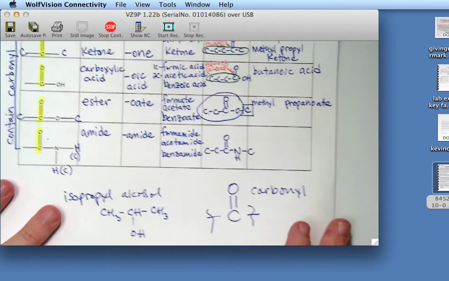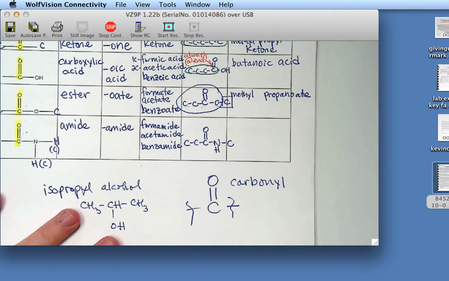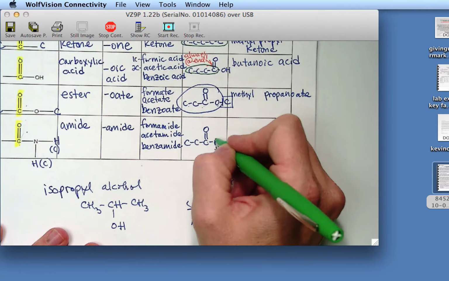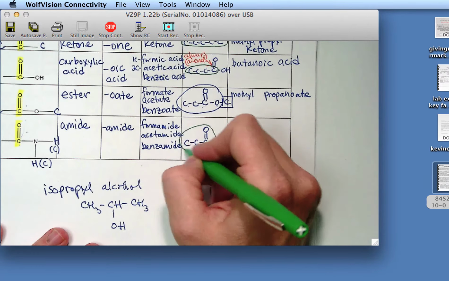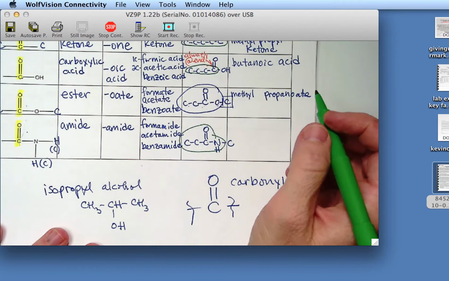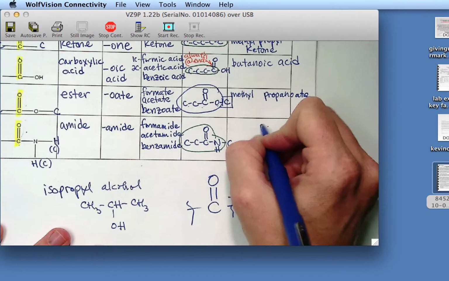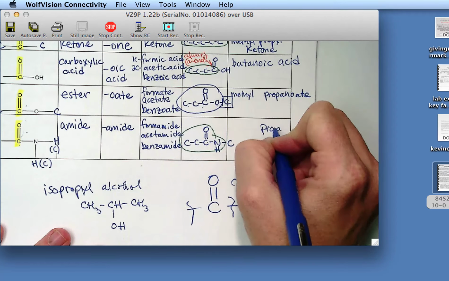All right, so here is the example molecule that I have. The longest continuous chain of carbons that bears the C double bond O in the end is 1, 2, 3. So this is propanamide. So propane plus amide, propanamide.